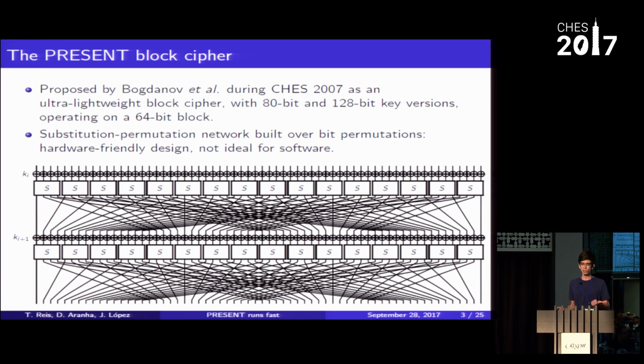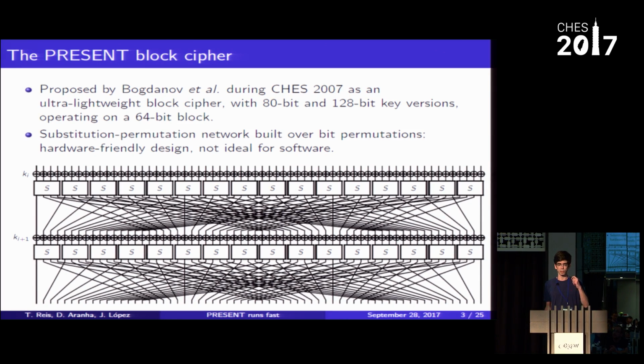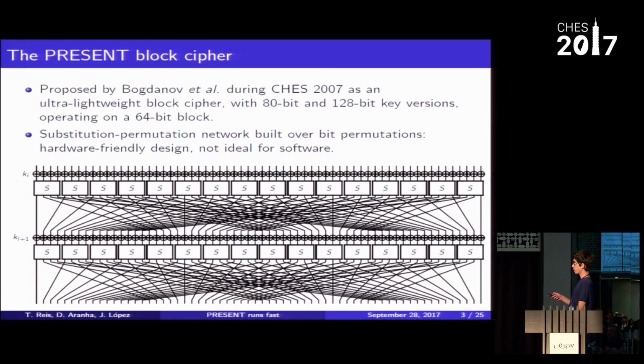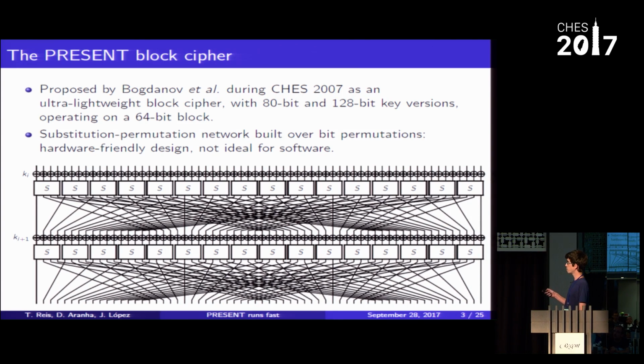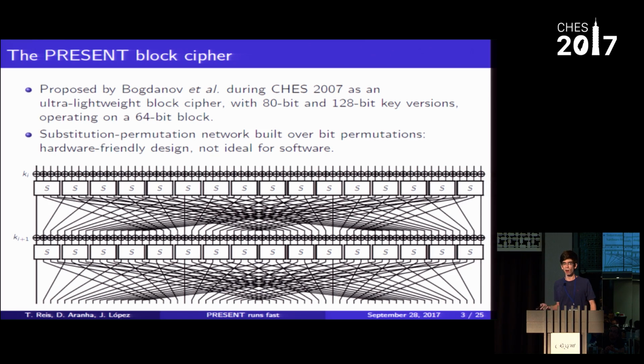The substitution boxes are the same, the permutations are the same, just the pre-calculation of the round keys is different. So it's a substitution permutation network, a very straightforward one. At each round, you just add the subkeys, then each 4 consecutive bits undergo a substitution box, and then all the bits are permuted. This bit permutation is not trivial to implement in software, hence it has always been regarded as a cipher to be implemented in hardware.